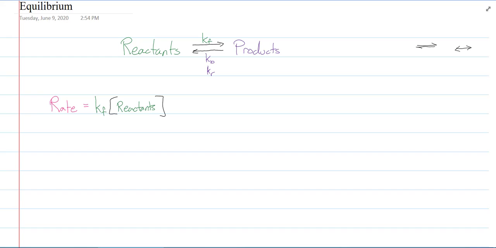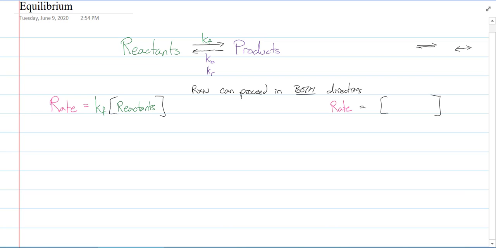However, because the reaction can proceed in both directions, we are also going to have a rate equals KB or KR times the concentration of the products.